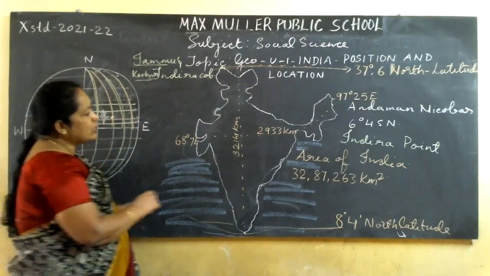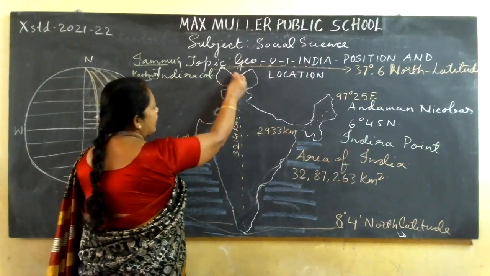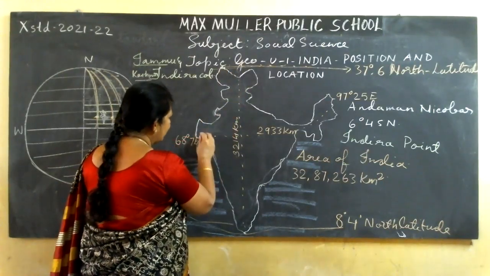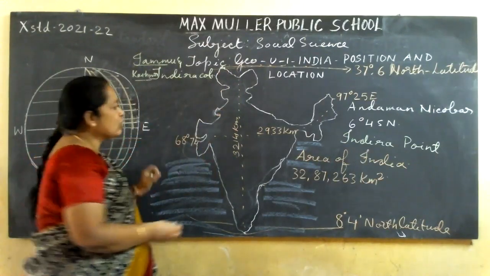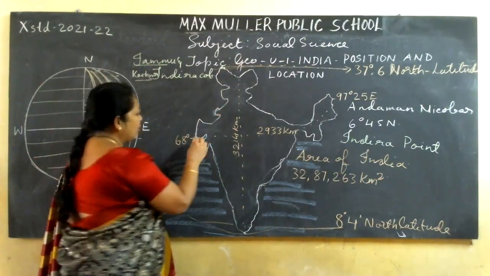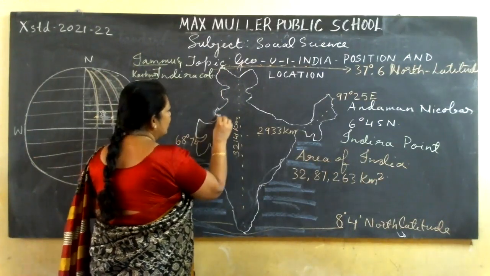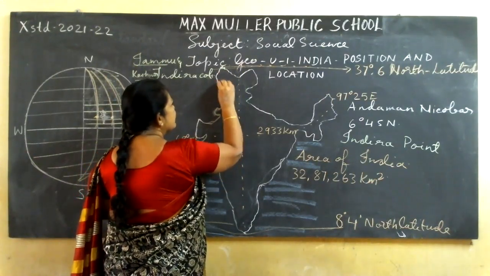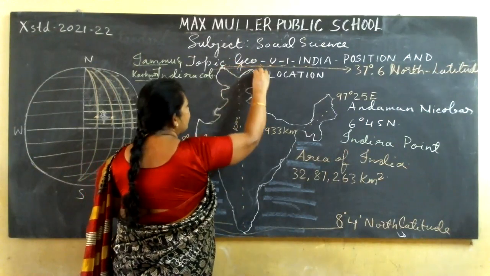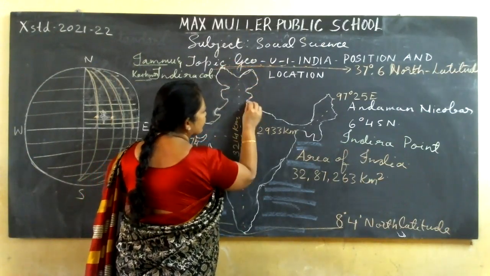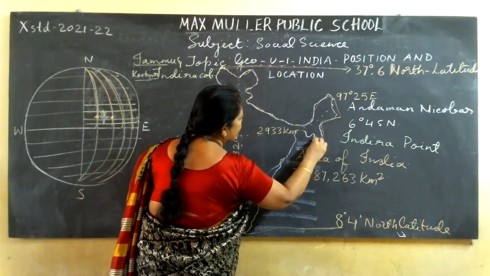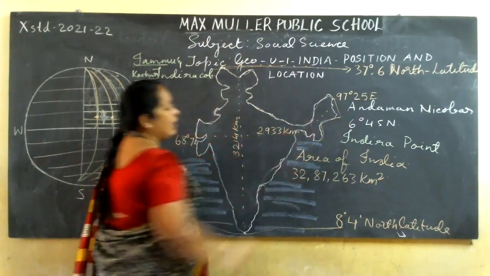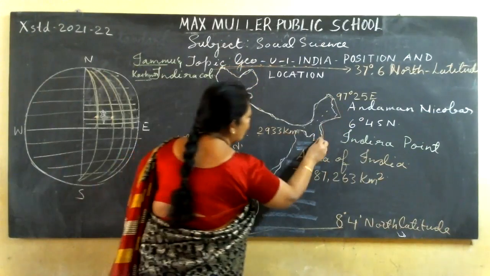First I will tell you the land. From here to here till here, children, it is called land frontier. Here to here, it is land frontier. Right? All this is land frontier till here. Okay.